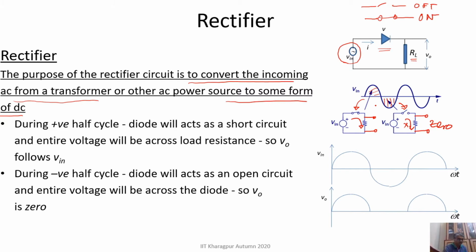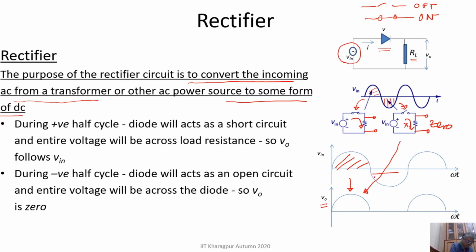So if I measure the output across the load resistance RL, we will get this. In the positive portion, the entire Vin will be across RL, so the voltage across RL, that is Vout, will basically replicate your Vin.